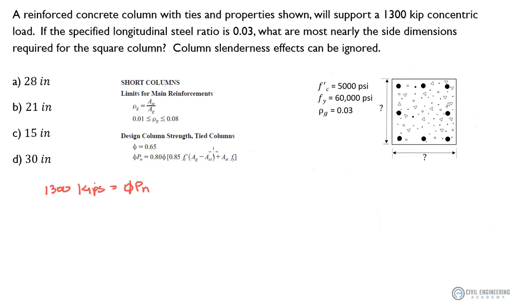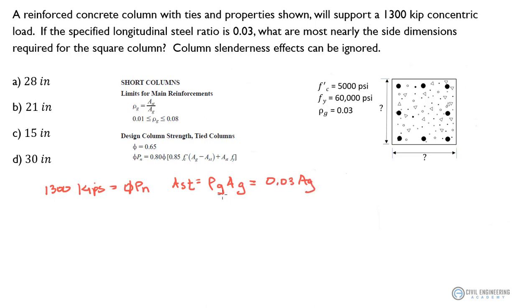Based on this equation here, if we multiply both sides by AG, the area of our steel equals rho G times AG, which equals the 0.03 that we were given times AG.